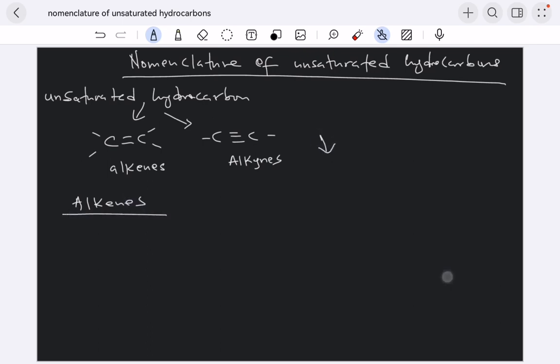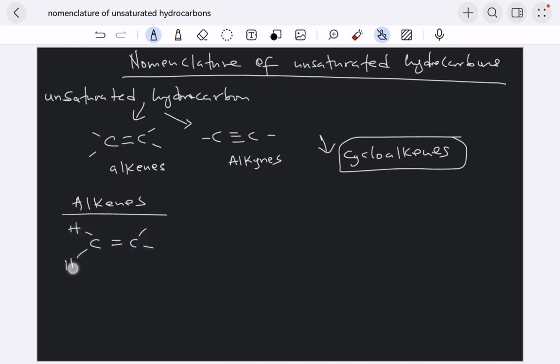Obviously, we can even add cycloalkenes, but we'll look at this later. So for alkenes, I will give an example of an alkene called ethene. So this is one of the examples.